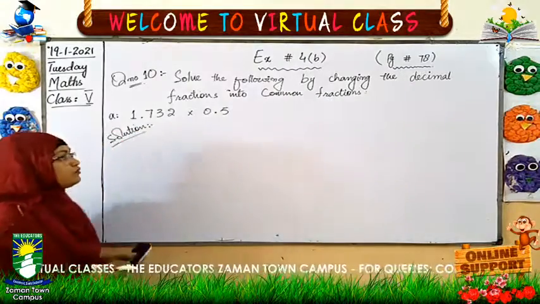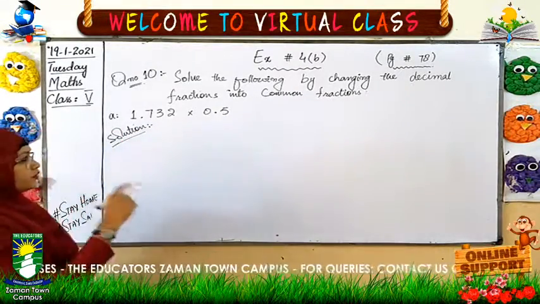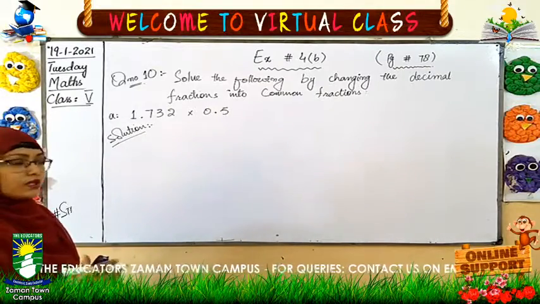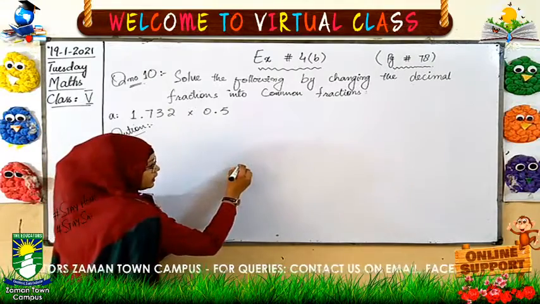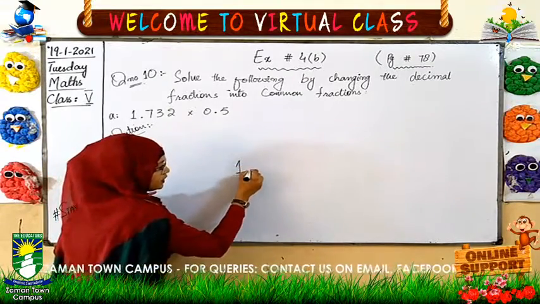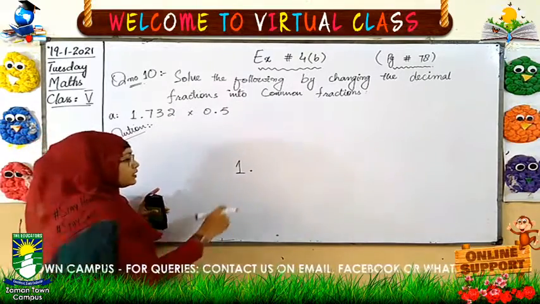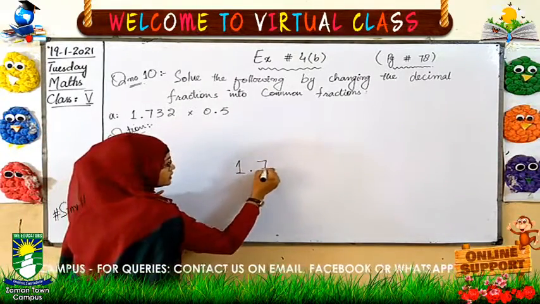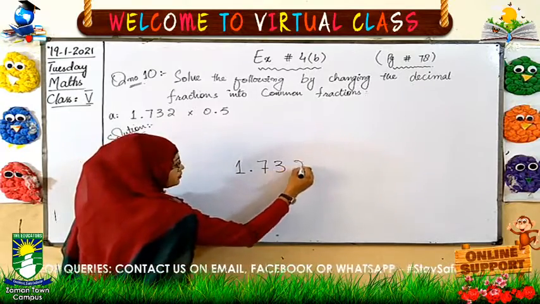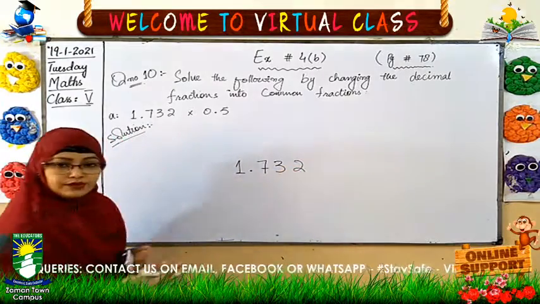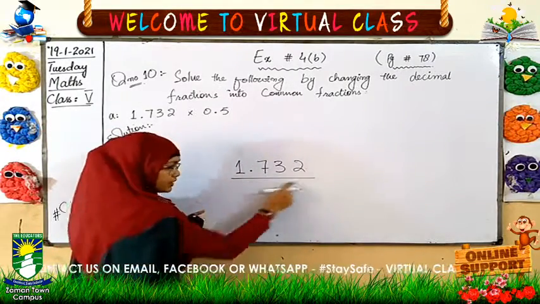First we will convert the decimal numbers into common fractions. How do we do it? As I have told you, a number which has a point is known as a decimal number. We make a line as a fraction.